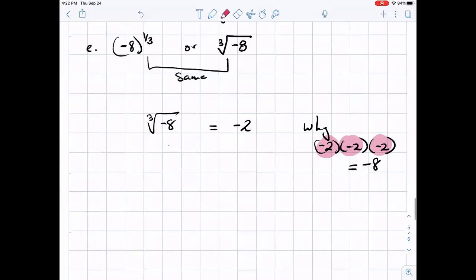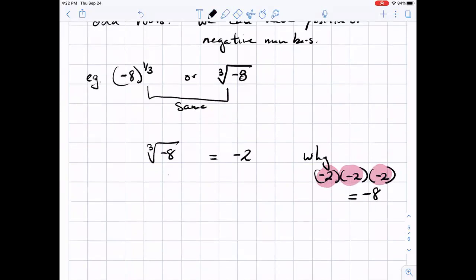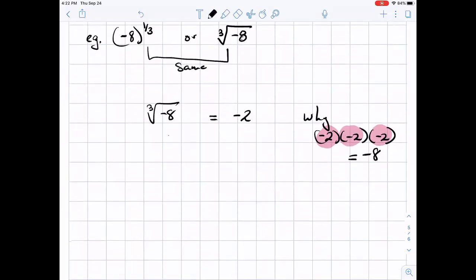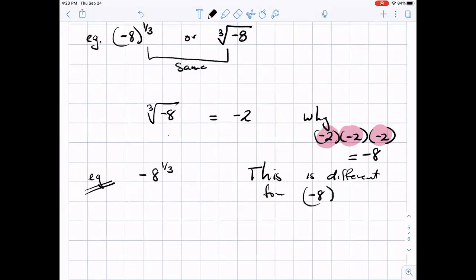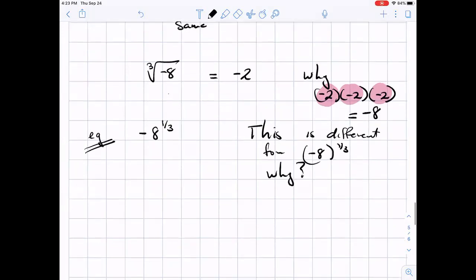Now, keep in mind that these two things are totally different also. Example, negative 8 to the 1/3. Note, this is different from negative 8 raised to the 1/3 power, and the reason why is because the negative sign is outside in our example.